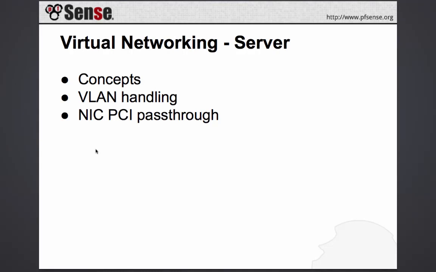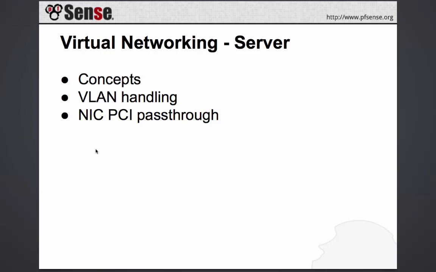Okay, so virtual networking on the server hypervisors. A little bit different, still kind of similar concepts. There's no NAT networks in any of the server class hypervisors. Not generally something that you want to mess with in those kinds of environments.